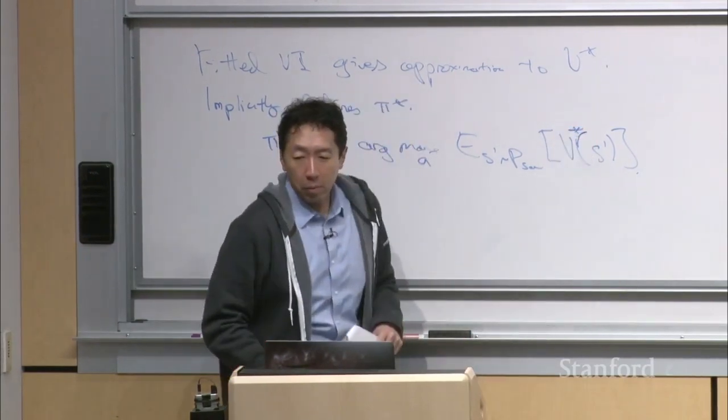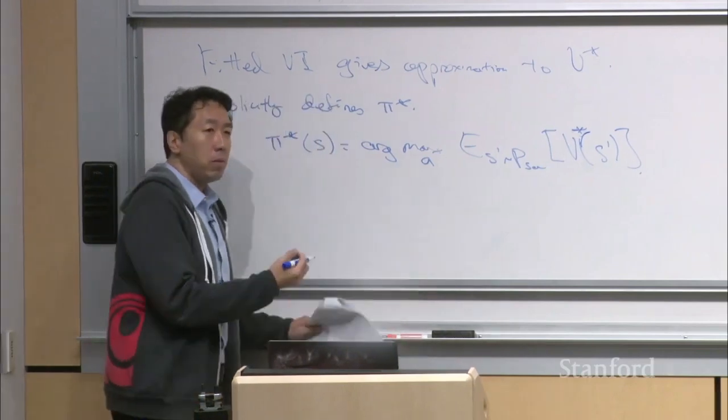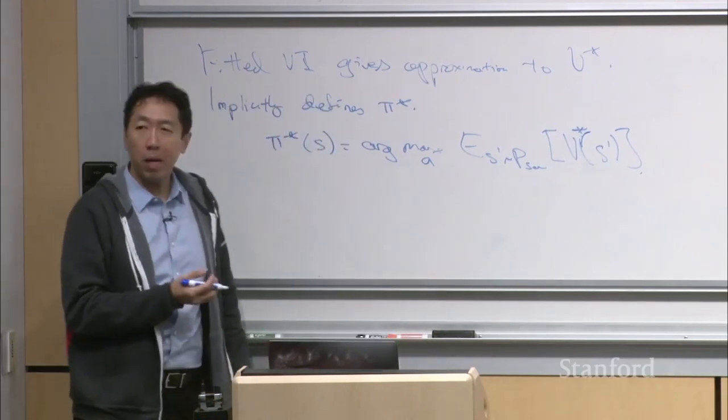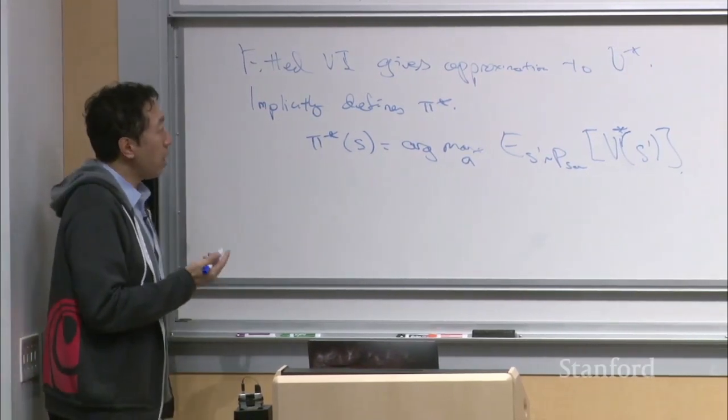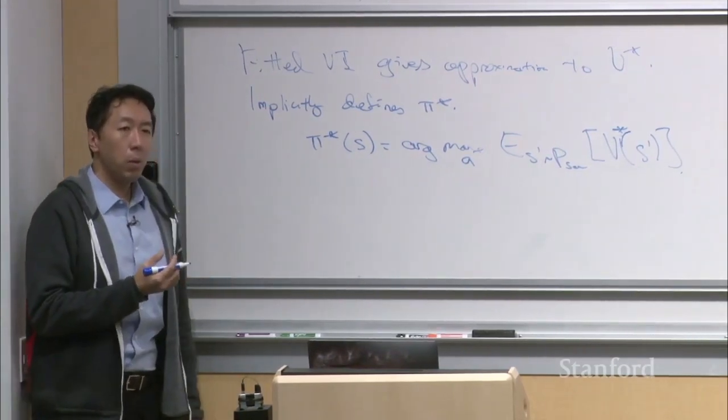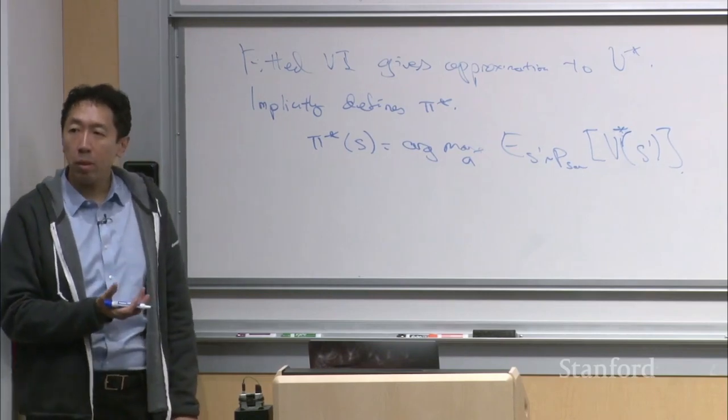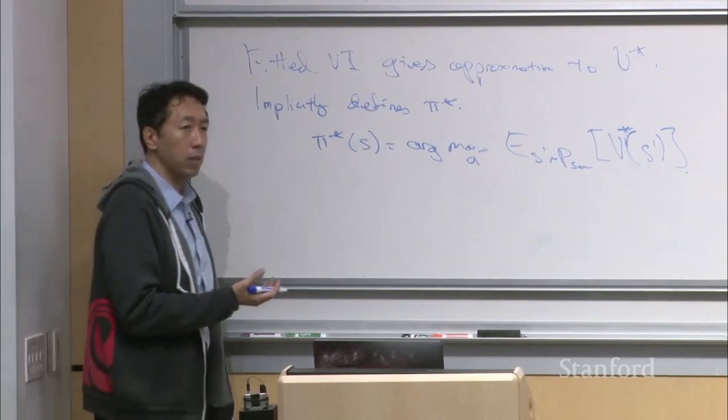So when you're running a robot, you need to execute a policy pi. Given the state, you need to pick an action. And having computed V star, it only implicitly defines the optimal policy pi star.